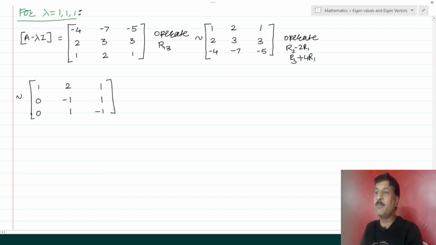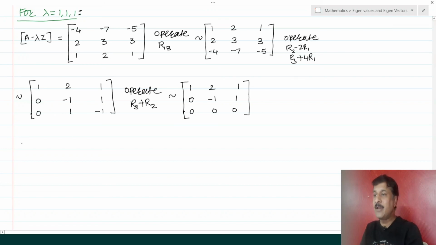Now the diagonal position, and after that, below that 0. So operate R3 plus R2. So I am getting the equivalent matrix: 1, 2, 1; 0, -1, 1; and the addition is 0, 0, and finally 0. So what is the rank? This is the echelon form, and therefore the rank of the matrix A minus lambda I, if we denote it by R, is equal to 2.